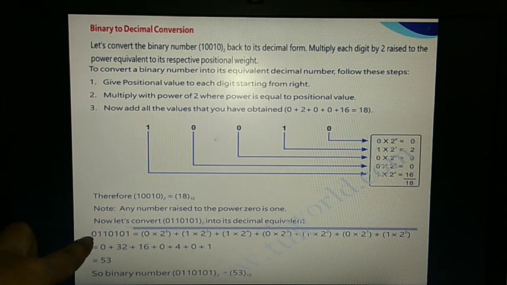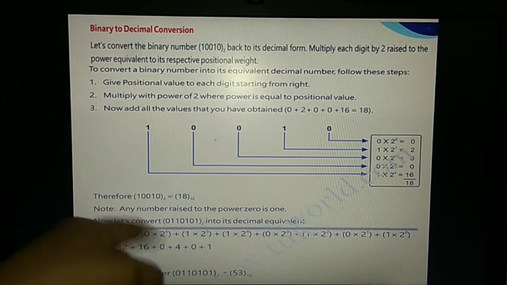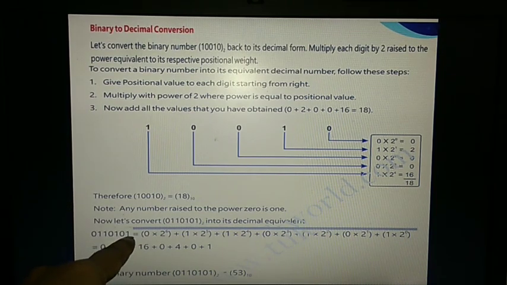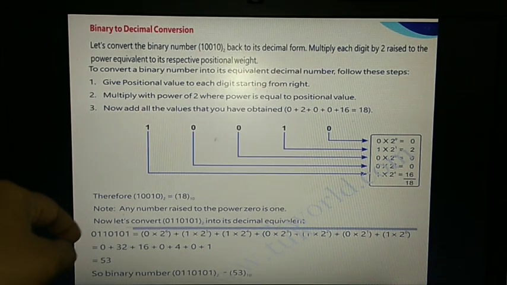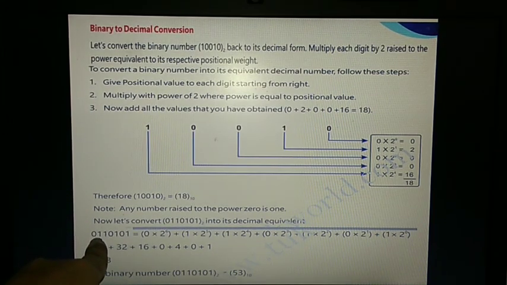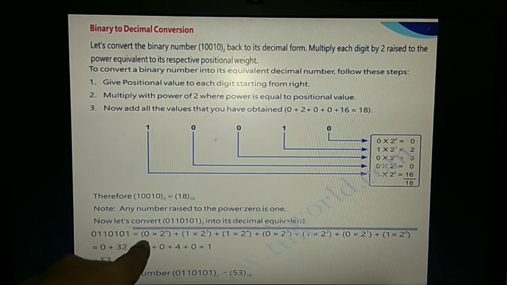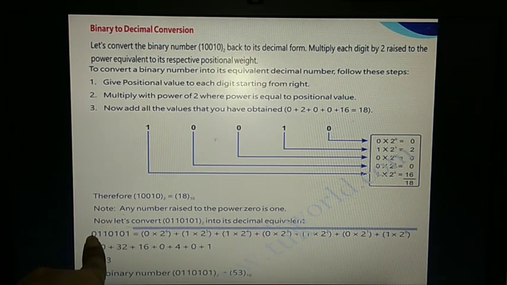0 into 2. What is the position of this 0? That is 6. From right hand side we have counted, that is from 0 to 6 it came. Yes or no? So now, 0 into 2 to the power of 6. Okay? This one.